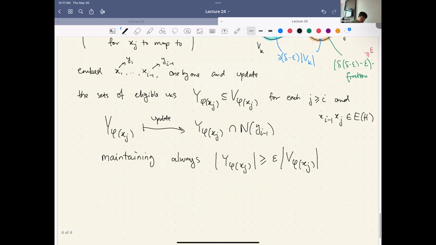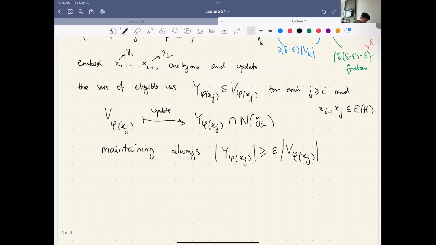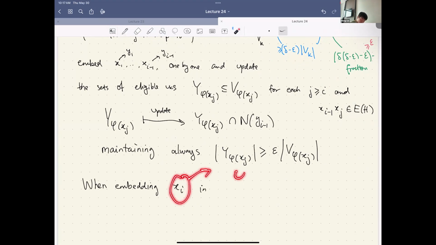Okay, and at the end, when embedding the next vertex to embed, xi, right? We embed x_{i-1}. So when embedding xi, where does xi go? It goes to phi(xi)'s part, the corresponding eligible set, in Y_{phi(xi)}.